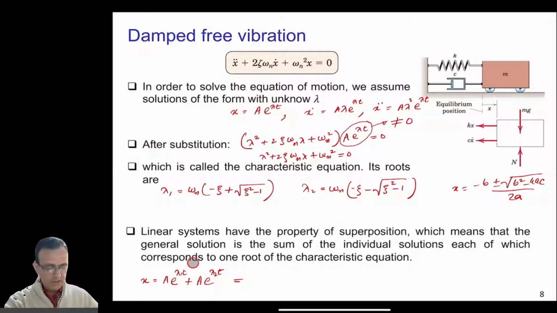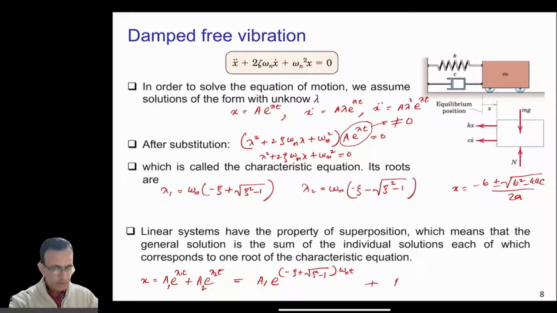If we replace lambda 1 and lambda 2 by these values, then A becomes A1 and A2, which are two constants. So x becomes equal to A1 e power minus zeta plus square root of zeta square minus 1, times omega n t, plus A2 e power minus zeta minus square root of zeta square minus 1, times omega n t.